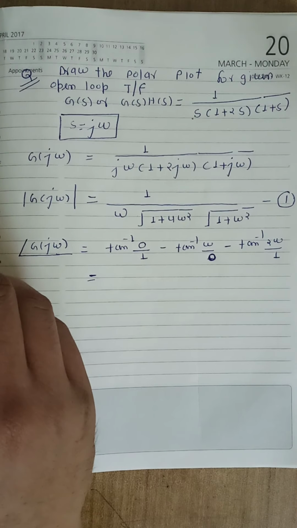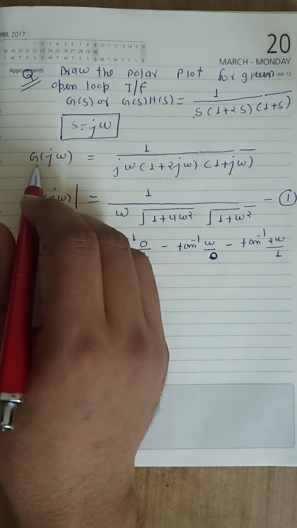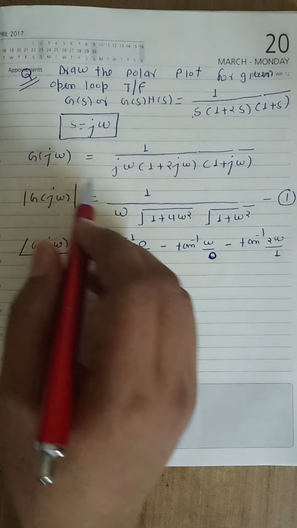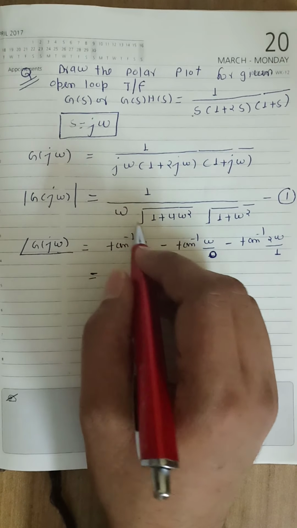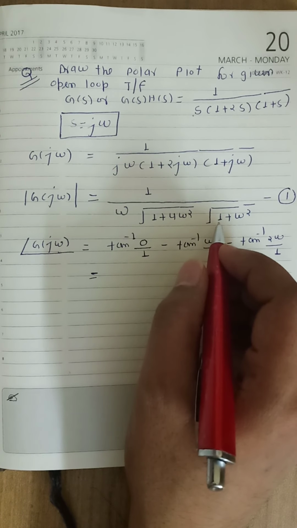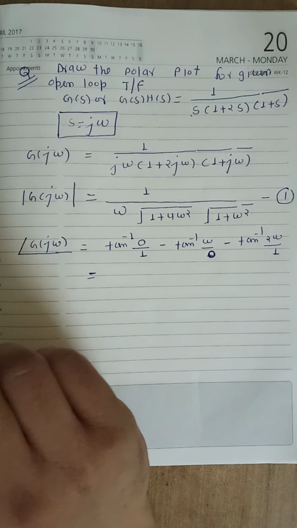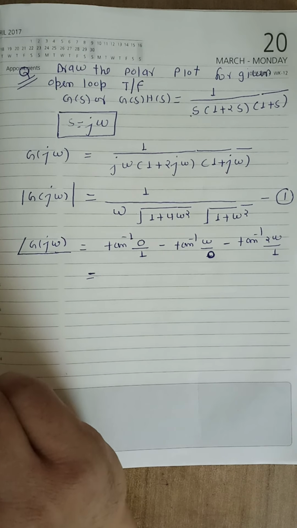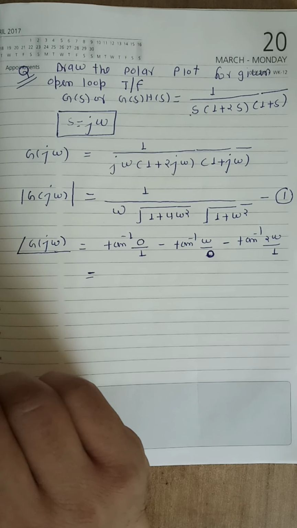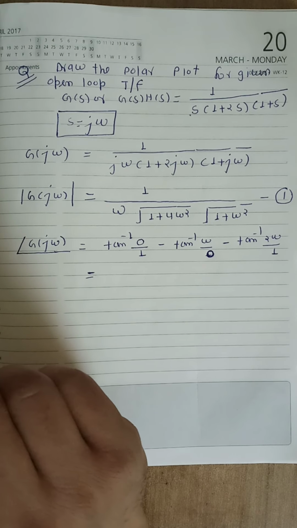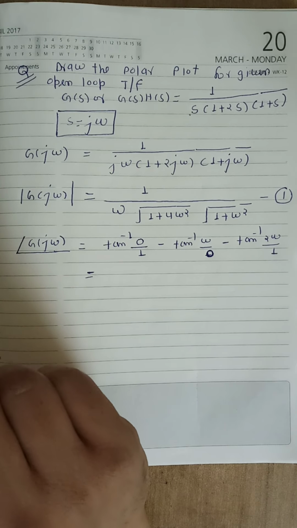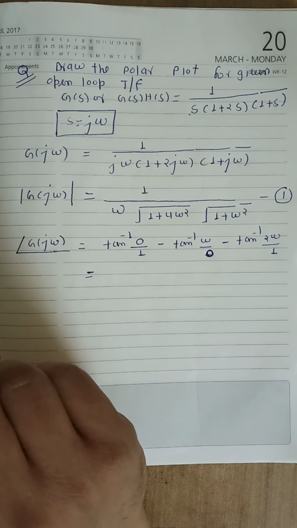So we can write magnitude for G(j omega) as 1 over omega under root 1 plus 4 omega square under root 1 plus omega square. Because here we can write magnitude for numerator polynomial as well as for denominator polynomial according to under root real square plus imaginary square.